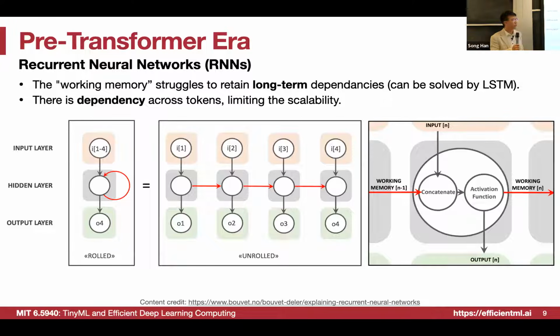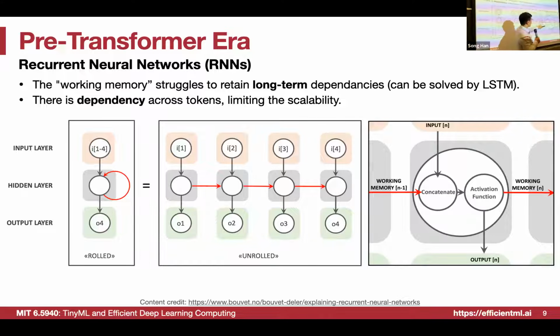Before the transformer era, people used recurrent neural nets and also LSTMs to model language. It has the input layer, the hidden layer, and also the output layer. If we unroll this RNN in time, T1, T2, T3, T4, at each time step you have input, you have output, you have a hidden state.